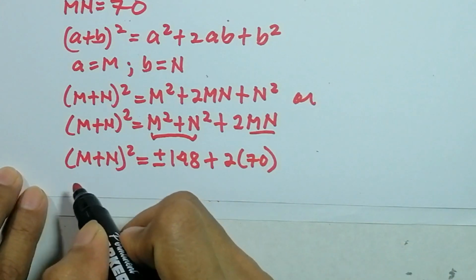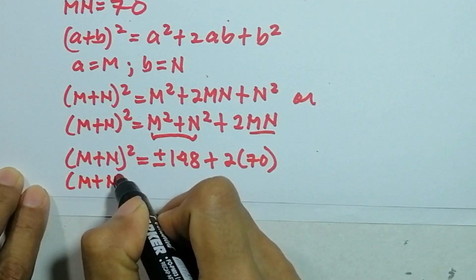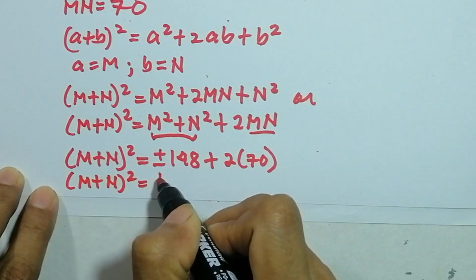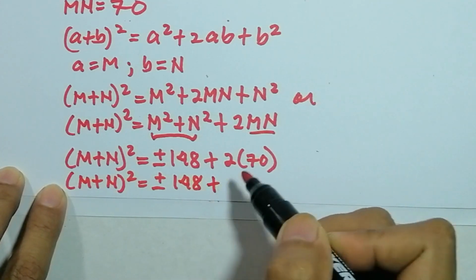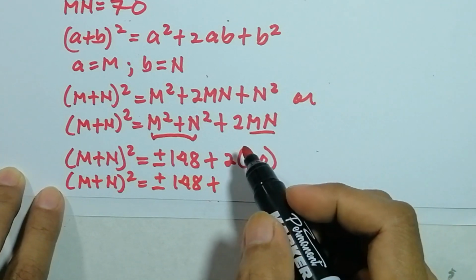So let's simplify. (m plus n) squared is equal to positive negative 148 plus 2 times 70, which is 140.